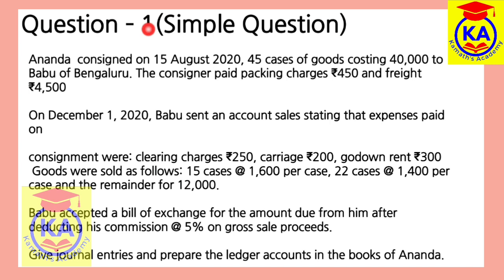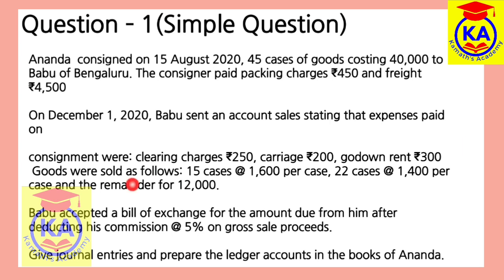So the first question is: Ananda consigned on 15 August 2020 45 cases of goods costing 40,000 to Babu of Bengaluru. The consignor paid packing charges rupees 450 and freight of rupees 4,500. On December 1st, 2020, Babu sent an account sale stating that expenses paid on consignment were clearing charges rupees 250, carriage 200, godown rent rupees 300.